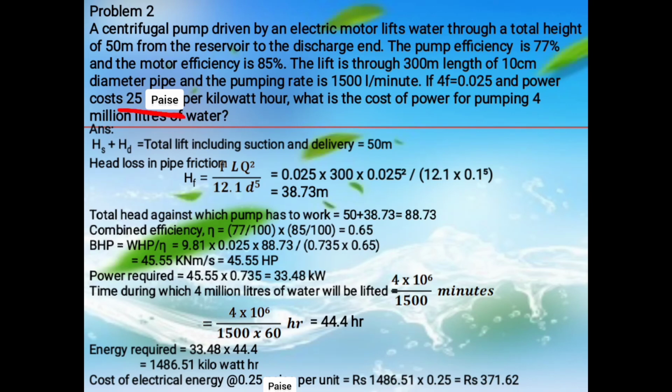Therefore, the cost of electrical energy at the rate of 25 paise per unit equal to 1486.51 into 0.25. 25 paise, that is converted to rupees, 0.25. That equal to 371.62. That is rupees 371.62. That is the cost of electrical energy.